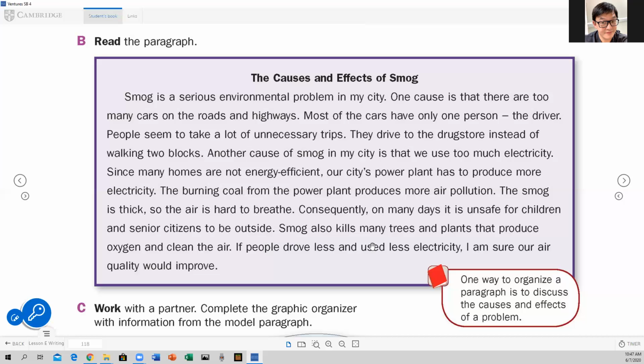Smog also kills many trees and plants that produce oxygen and clean the air. If people drove less and used less electricity, I am sure our air quality would improve.